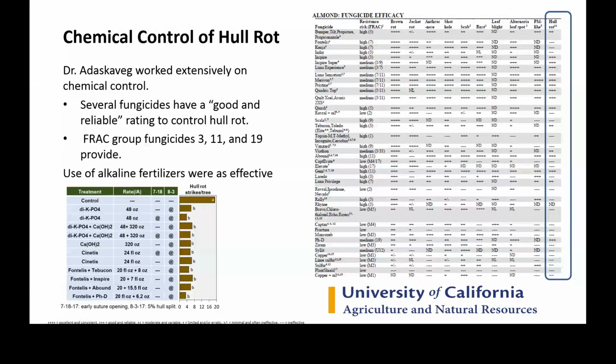The theory behind why they might be effective is that those alkaline fertilizers might be interfering with the fumaric acid. So they are neutralizing the fumaric acid that I mentioned earlier, which moves inside the shoot and kills the tissue.